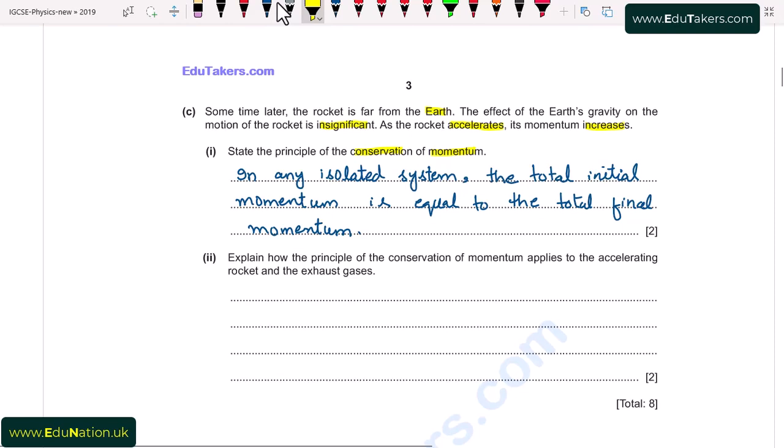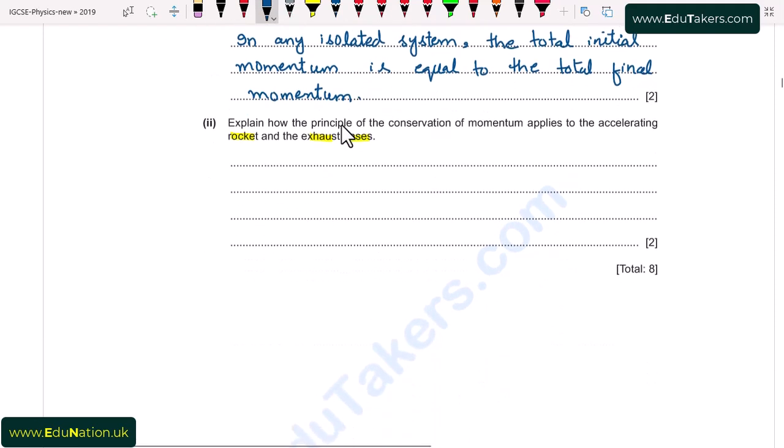Part 2. Explain how the principle of conservation of momentum applies to the accelerating rocket and the exhaust gases. According to the law of conservation of momentum, the total momentum before and after remains constant. So if I consider that the initial momentum is Pi and the final momentum is Pf, then Pi, the initial momentum, will be equal to the final momentum.